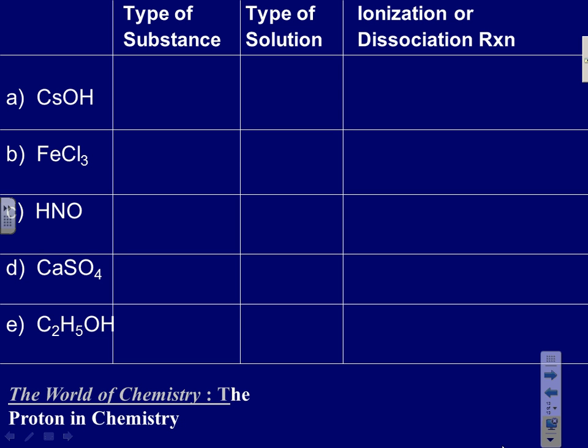So, type of substance, cesium and an OH. Amy, I'm giving you the first one. Then, what's that? Type of substance.